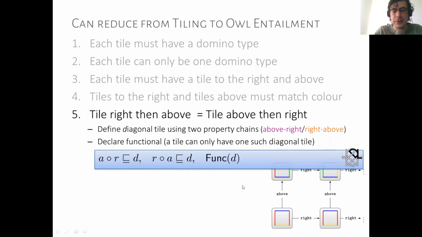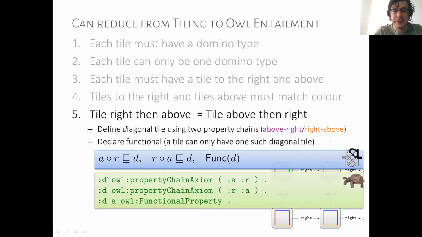If we look at it from the Turtle side, D being diagonal, we have diagonal property chain axiom above followed by right, diagonal property chain axiom right and above, and D is a functional property. So something can only have one value for D, or for diagonal.